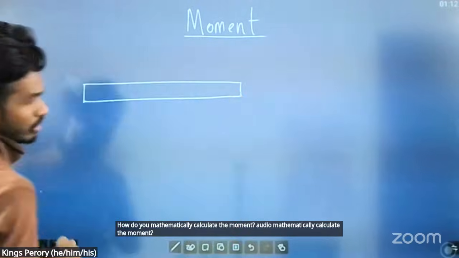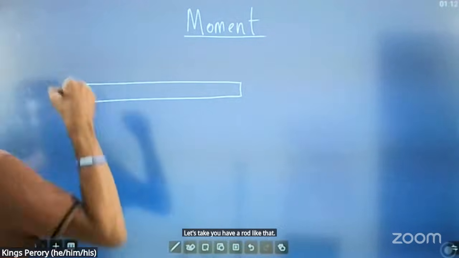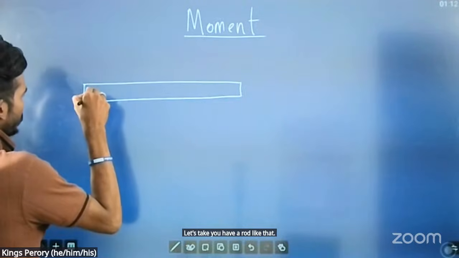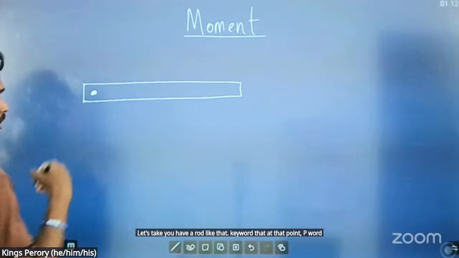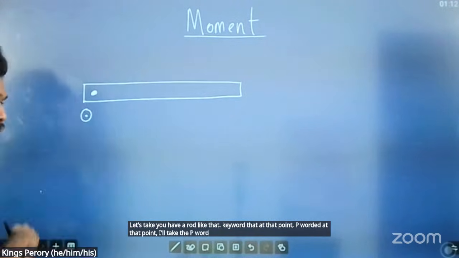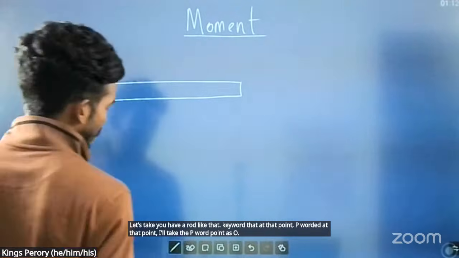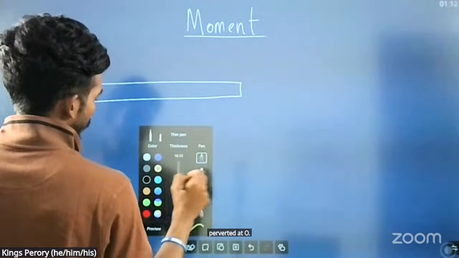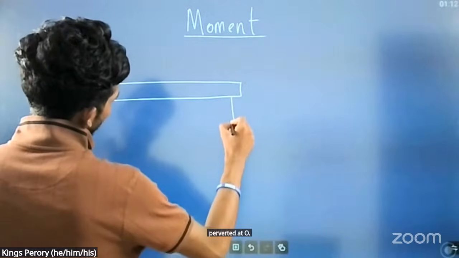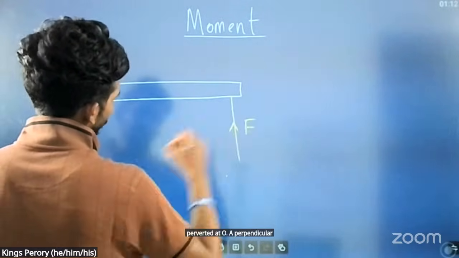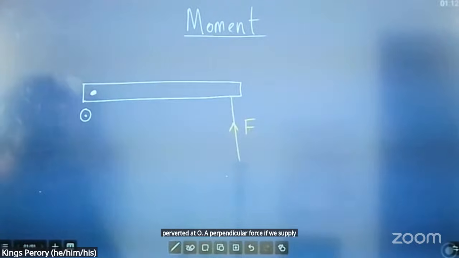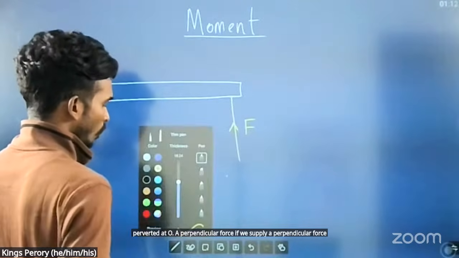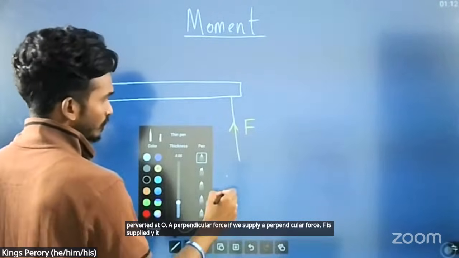Let's take you have a rod like that, pivoted at that point. I'll take the pivot point as O. A perpendicular force F is applied. Why do I say perpendicular force?